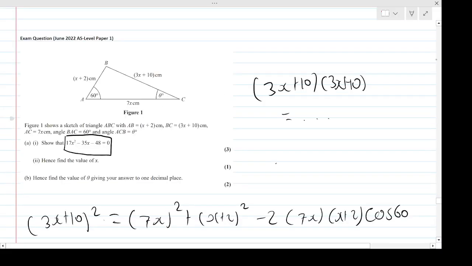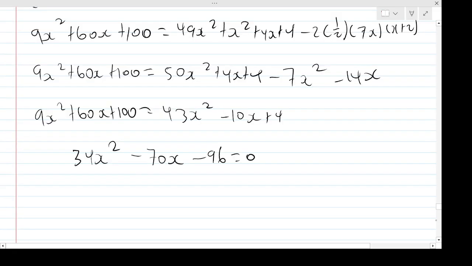Oh, no, not quite. But I notice that I have 17x squared there as the coefficient for x squared. So that's 17x squared. I've got 34. Well, actually, I noticed that I can divide by 2, right? Because then 34 divided by 17 is 2. So if I divide everything by 2, well, 34 divided by 2 is 17x squared.